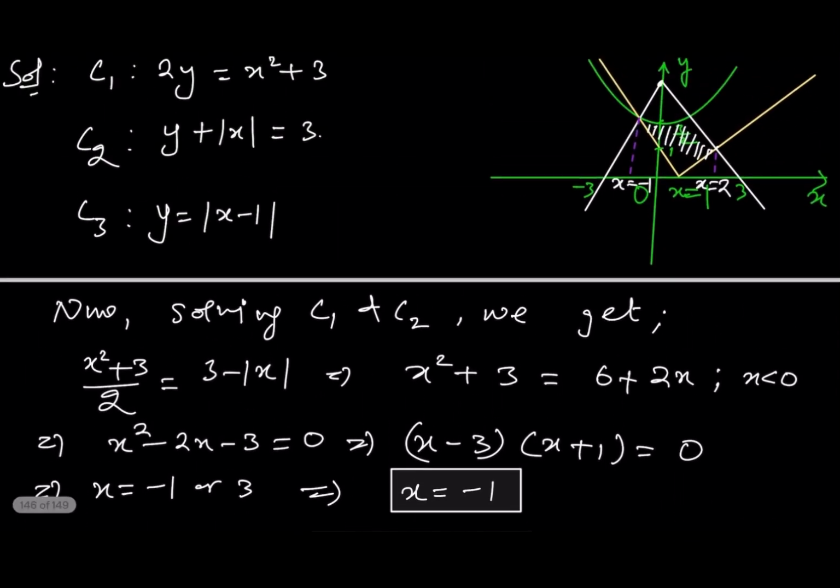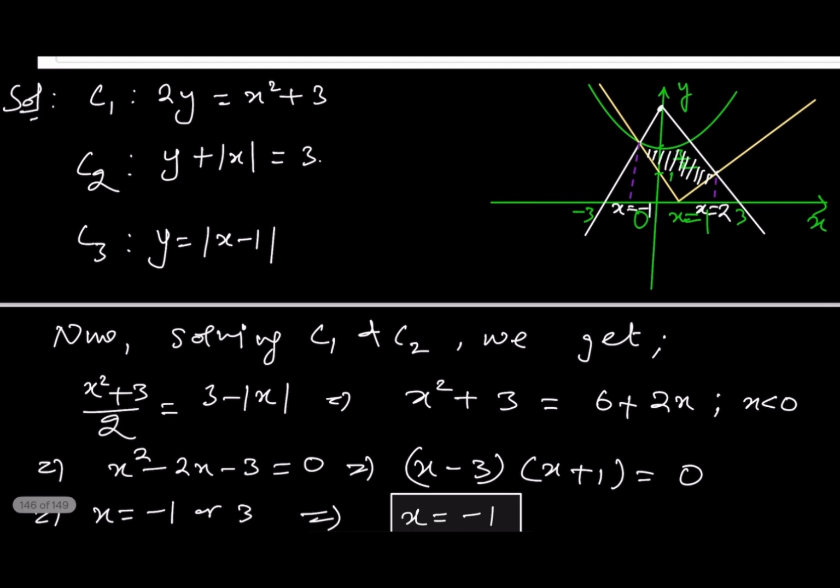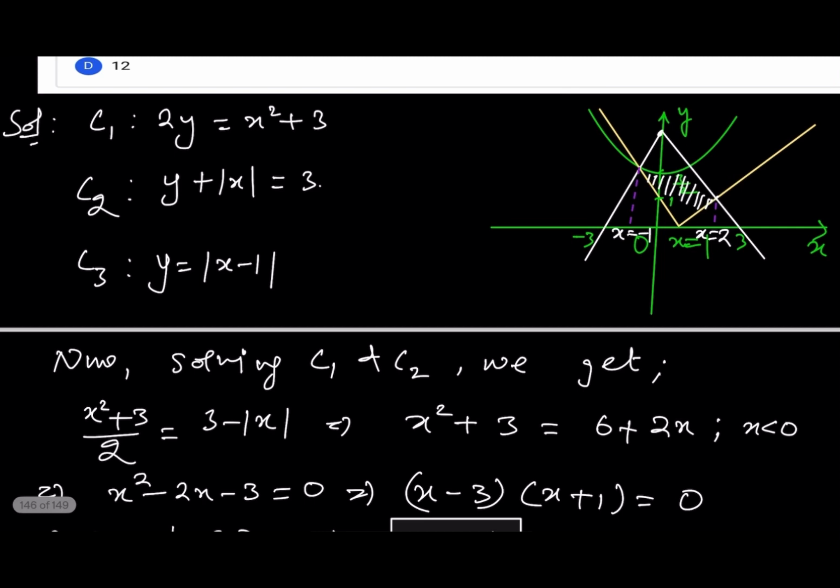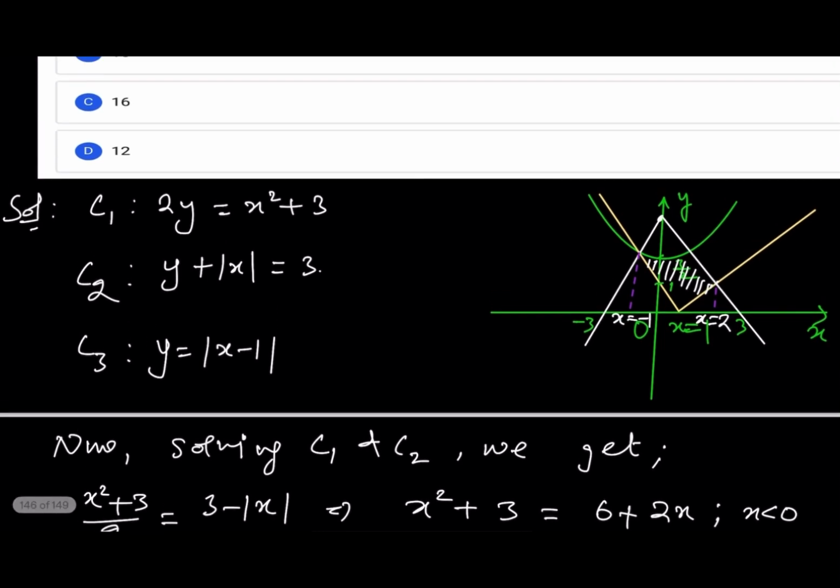So we can see from x is equal to minus 1 to x is equal to 1, this is the area under the parabola and the line y is equal to 1 minus x. And from x is equal to 1 to x is equal to 2, it is the area under the lines y is equal to 3 minus x and y is equal to x minus 1.